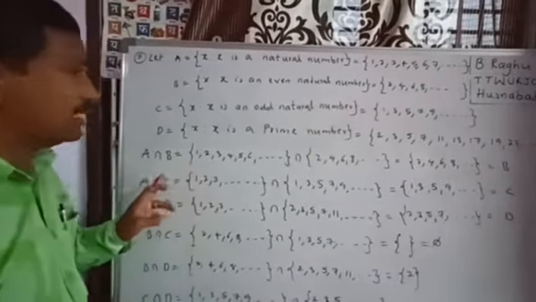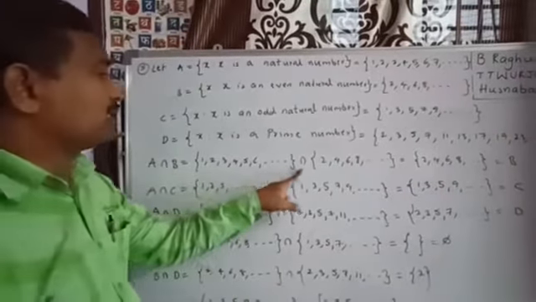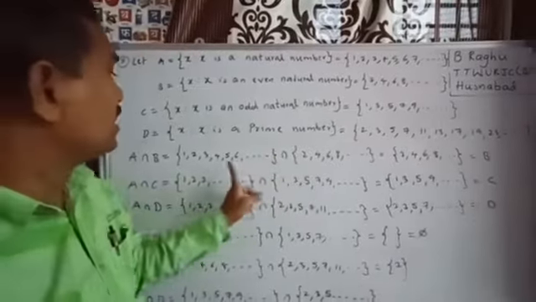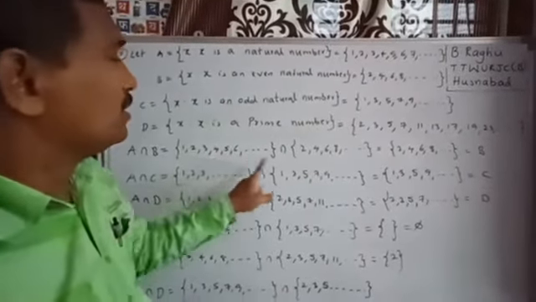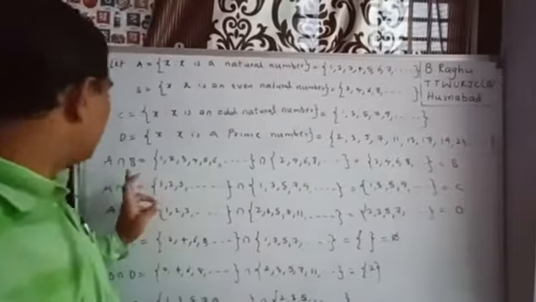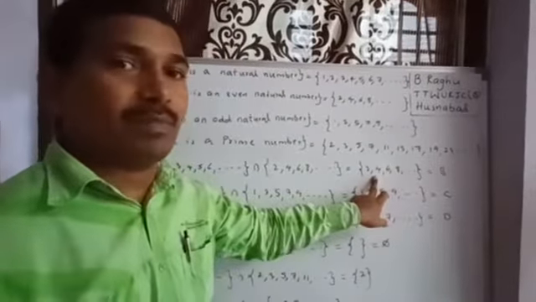Let us see A intersection B. What are the common elements? These 2, 4, 6, 8 are also in A. So these are the common elements, and they are in B. So A intersection B equals B, the set of even natural numbers. Why?